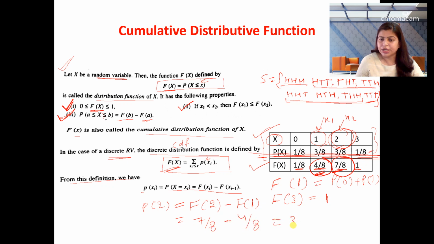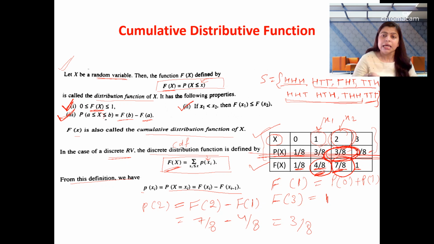So you will get your answer 3 by 8. See, this was our answer. So now you can see if PDF or PMF are given to you, you can find out CDF, and if CDF are given to you, you can find out the probabilities. These are vice versa, very closely related. That is why it is very important to learn about.